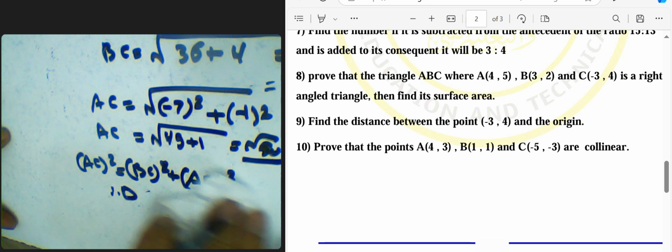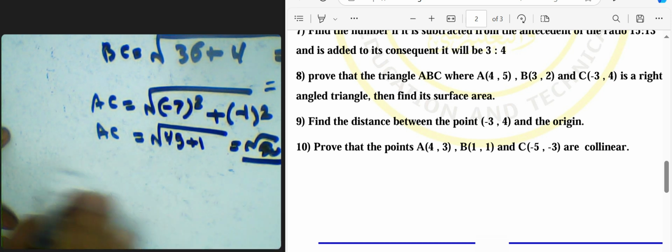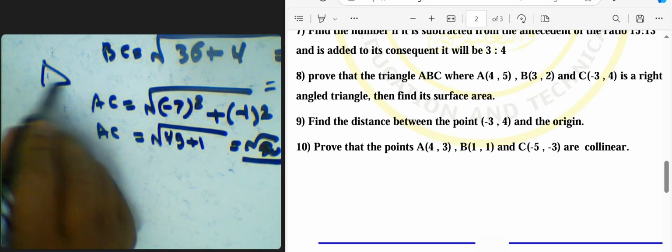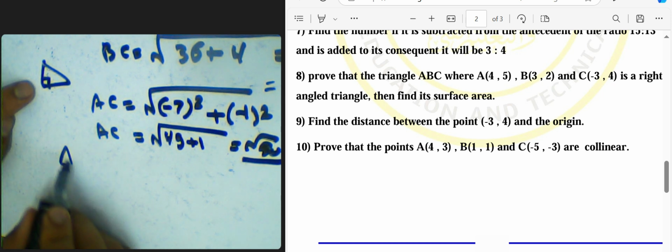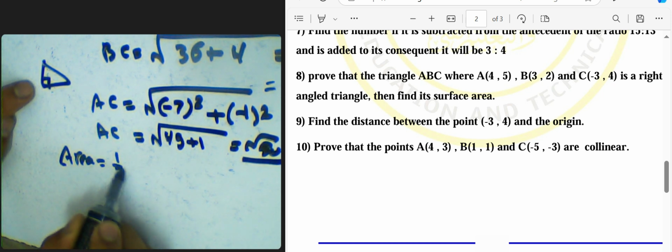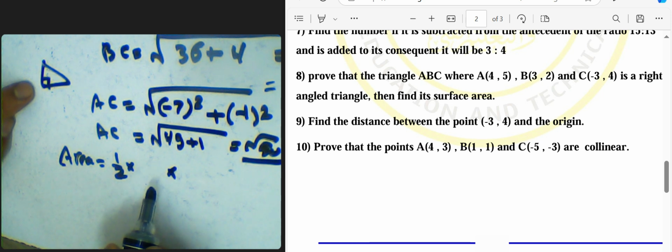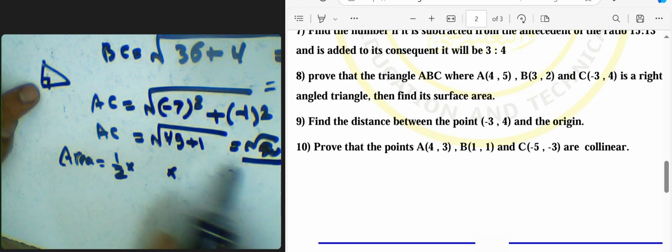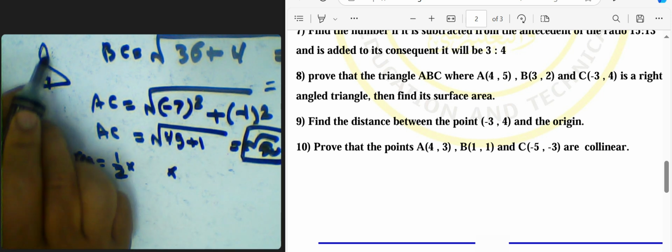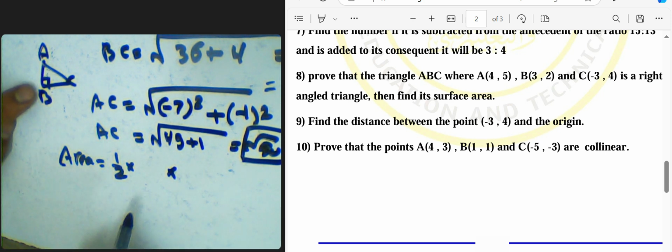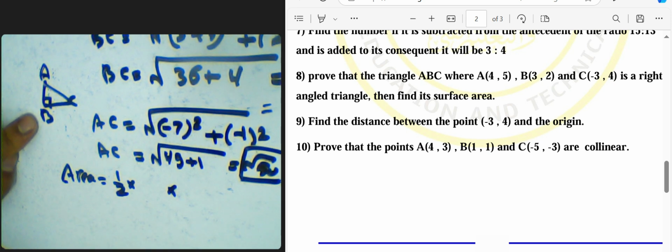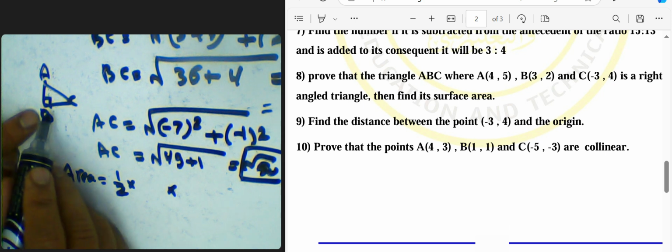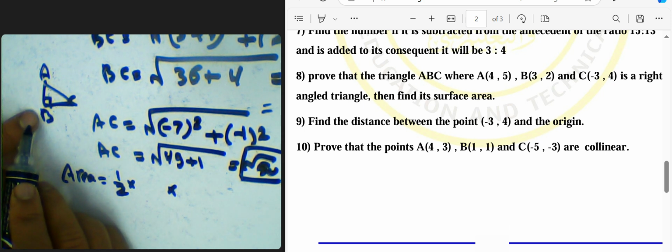And then you want to find the area. The area of a right triangle here will be half times base times corresponding height. The base here, it will be what? We have AC is the hypotenuse, okay? AC is the hypotenuse, and B is the right angle here, B. And then we can write half times BC times AB.